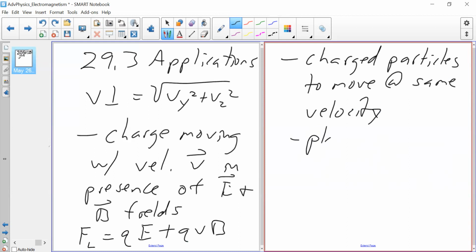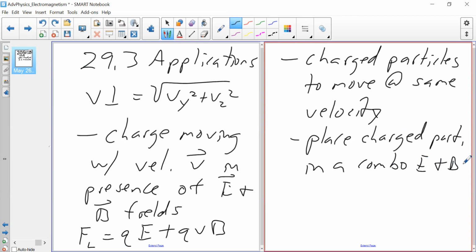Well, place the charged particle in a combination E and B field. We could put this charged particle in what is known as a velocity selector.